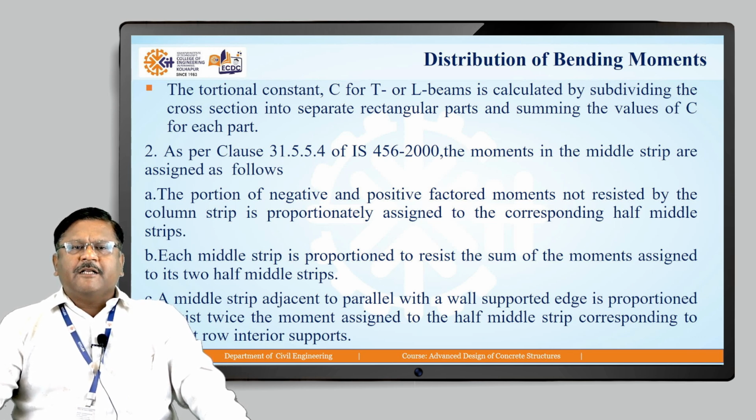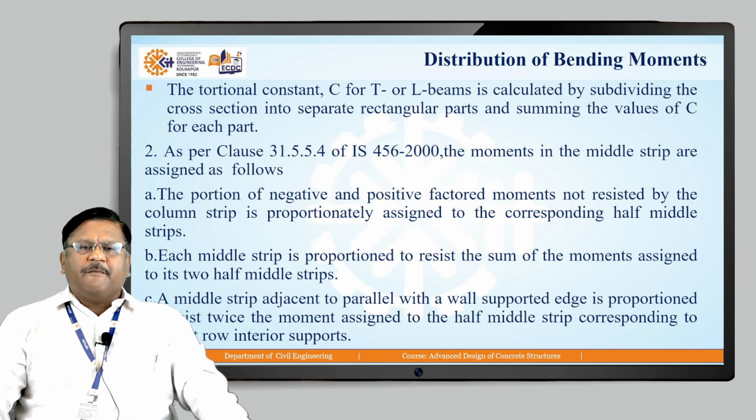Second, each middle strip is proportioned to resist the sum of moments assigned to its two half middle strips. A middle strip adjacent to and parallel with a wall support is proportioned to resist twice the moment assigned to the half middle strip corresponding to the first row of interior support.